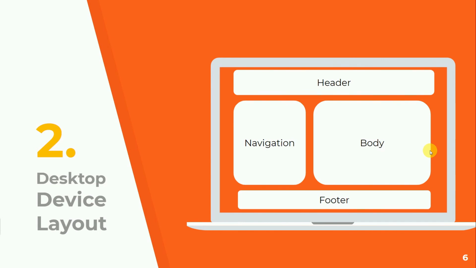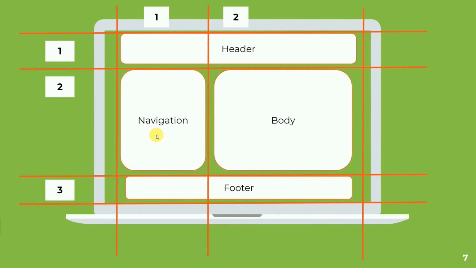So we need to display our content based on the width of the viewport. In this second layout you can see I have just labeled the rows and the columns. We have 3 rows and 2 columns. We have to arrange our content based on this row and column structure.